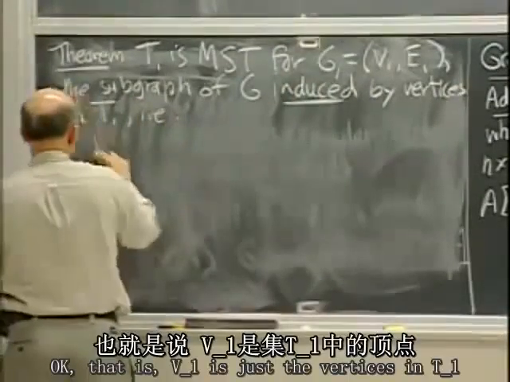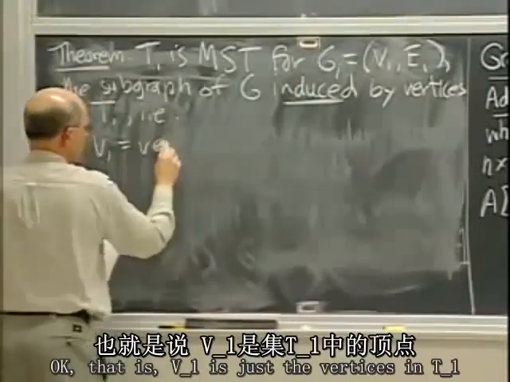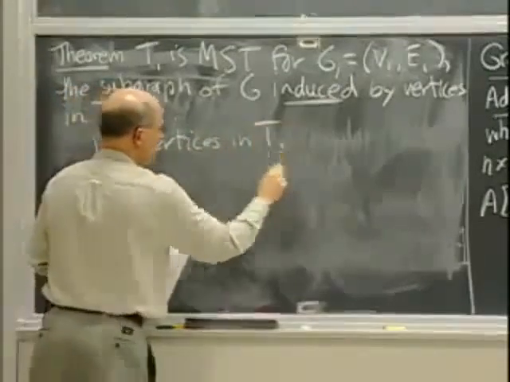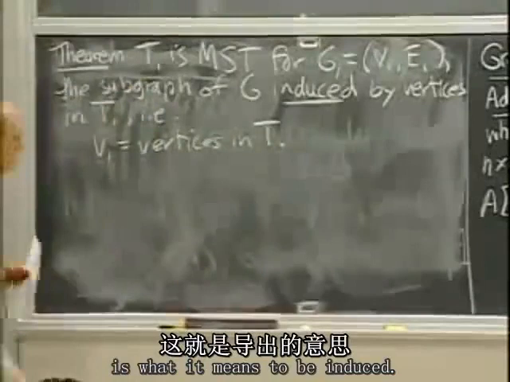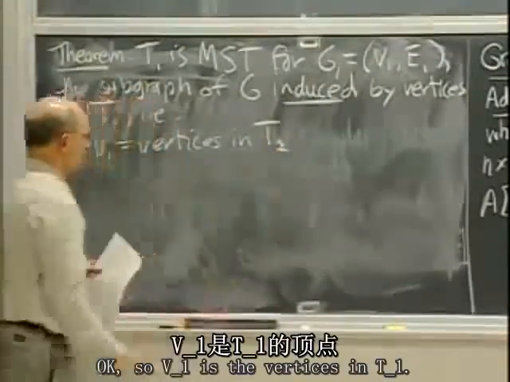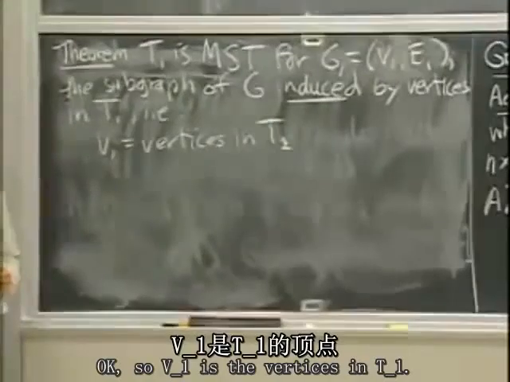Okay, that is, V1 is just the vertices in T1. This is what it means to be induced. So V1 is the vertices in T1.